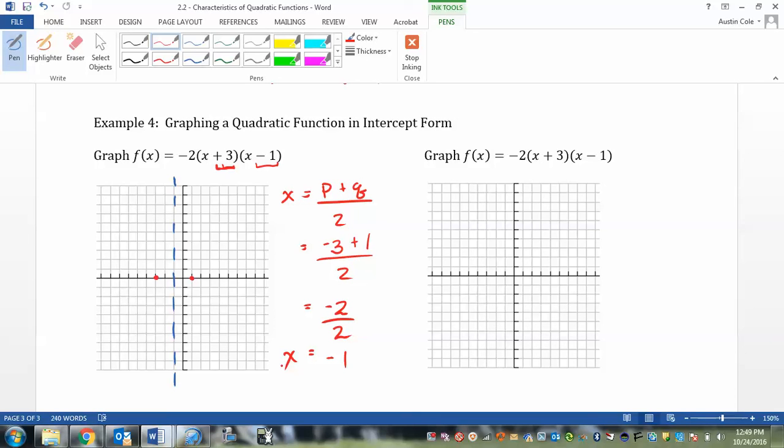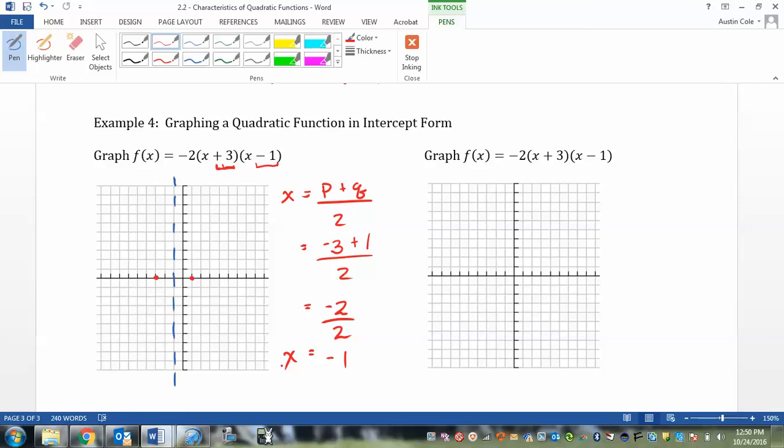Now, where is the vertex going to lie? Where's the vertex always lie? On the axis of symmetry. Highest or lowest point on the axis of symmetry was the answer I was looking for. It's always going to be on the axis of symmetry. So here's what we're going to do.